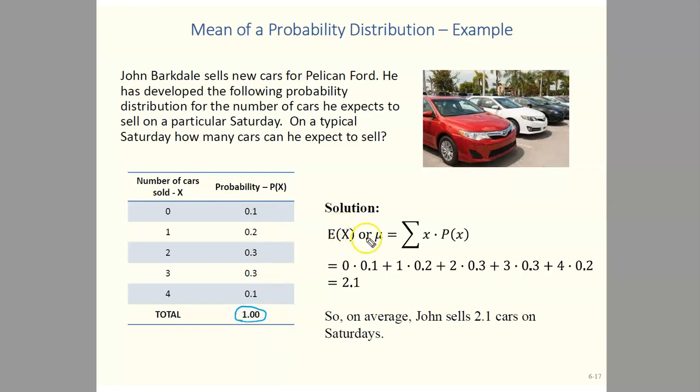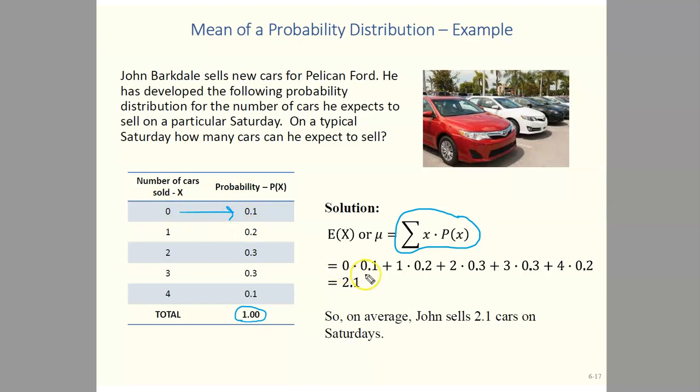Now what we want to calculate is the mean number of cars that he sells on Saturdays, or the expected value. So all we have to do is evaluate this quantity right here. We multiply each of these together, x times p of x, and we sum.